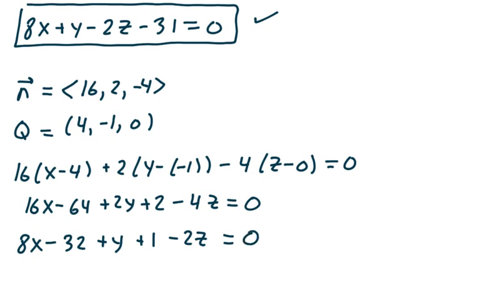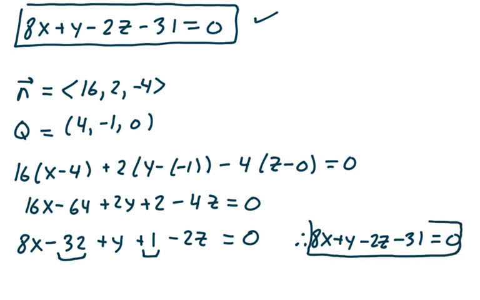And it looks the same to me, right? So if we go to simplify this, we get 8x plus y minus 2z minus 31 equals 0. Because notice, negative 32 plus 1 is minus 31. And we checked a second point and got exactly the same equation when we simplified it. So that's how we do problem number 35.